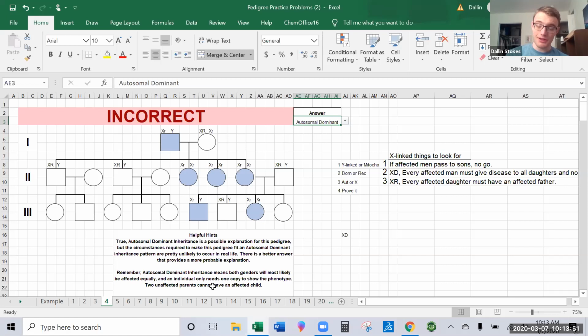The most probable answer will be marked correct, and all of the possible but not likely answers will be marked true, incorrect, but true autosomal, or this inheritance is possible but, and all of the impossible ones will be marked incorrect and say it's not possible. So work them through and double check yourself, and you have a way to double check to see if it's possible or not likely, at least with these ones.